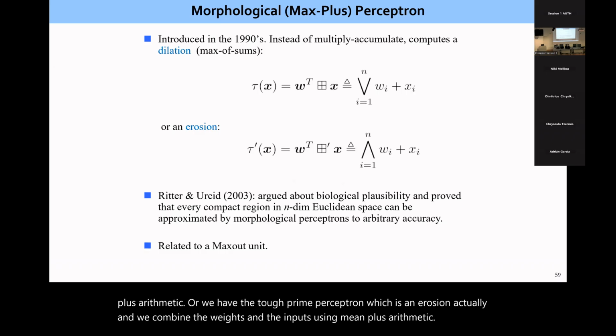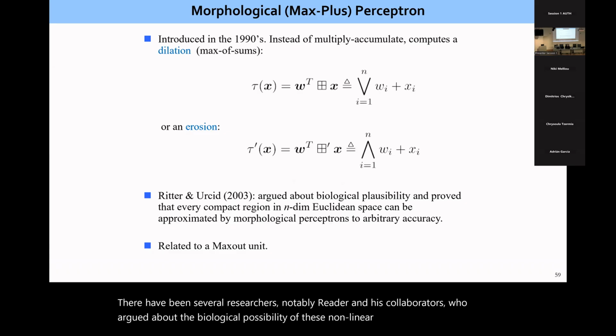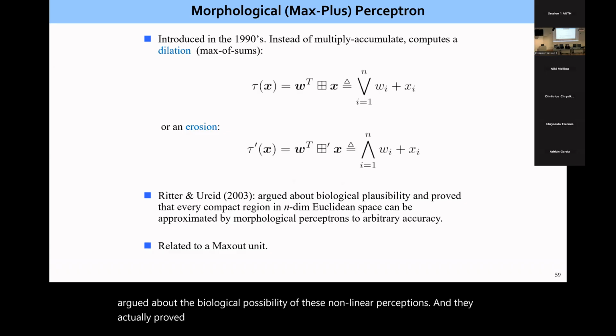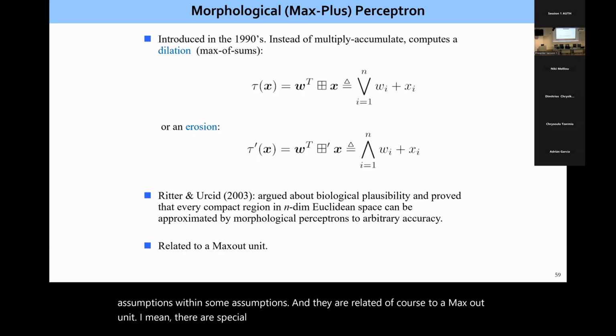There have been several researchers, notably Ritter and his collaborators, who argued about the biological plausibility of these nonlinear perceptrons, and they actually proved that they can become universal approximators within some assumptions. And they are related, of course, to a max-out unit. I mean, they are special cases of a max-out unit.